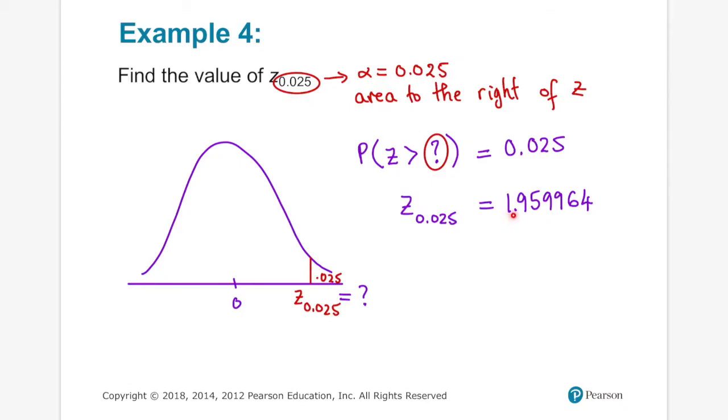My answer is 1.959964. If the question indicates the number of decimal places that they want you to round, then please follow the instruction. If not, for the z-score, we always round it to 2 decimal places, which gives me 1.96.